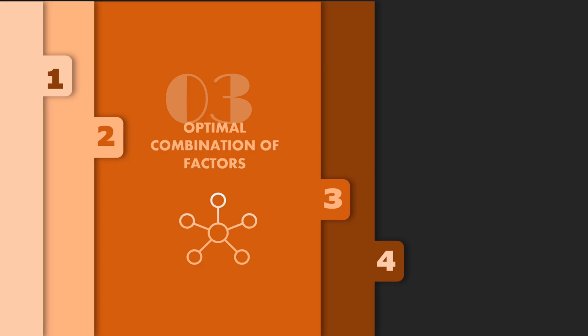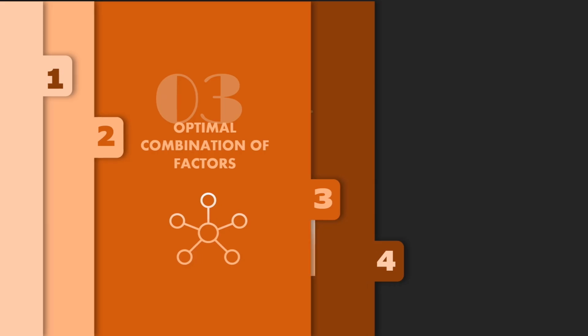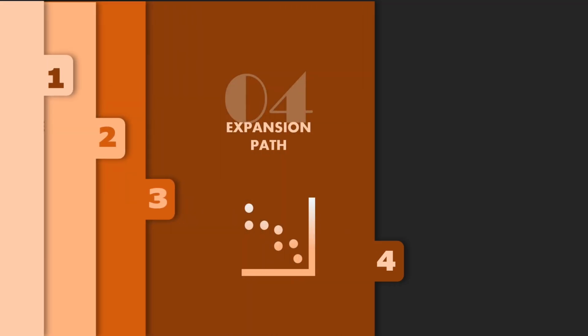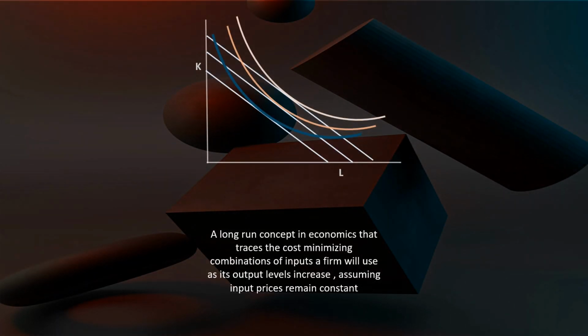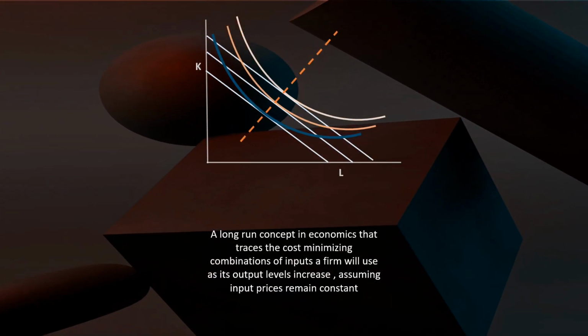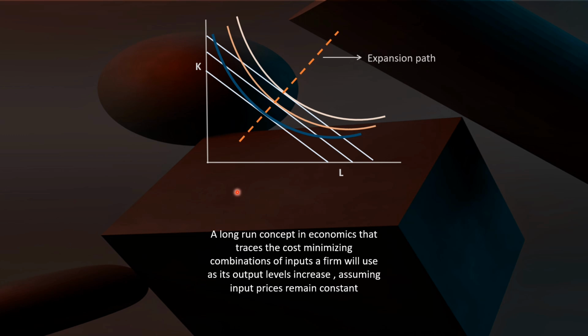Okay, now our next topic is expansion path. So let's say we have a graph and it has multiple isoquant curves.